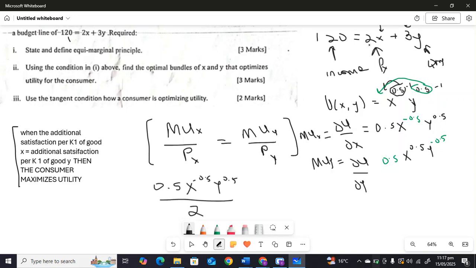We got that from our budget constraint equation. Equals marginal utility of good y, 0.5 x to the power 0.5 y to the power negative 0.5 over 3, the price of good y, which is 3 there.